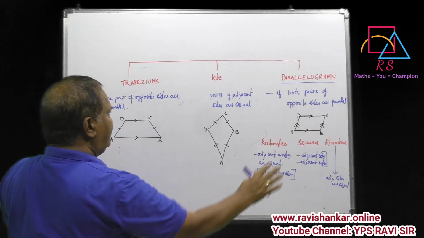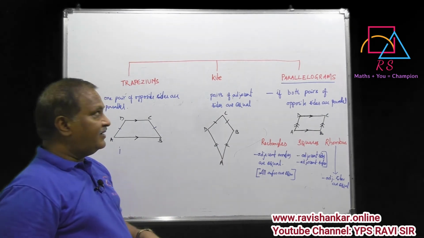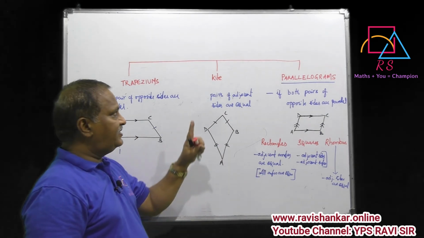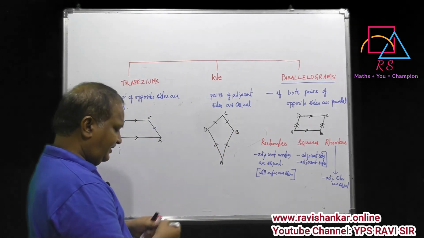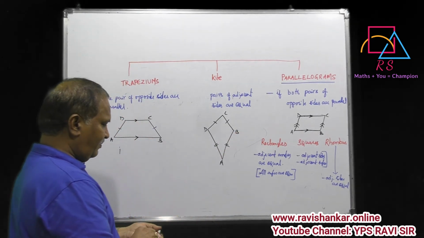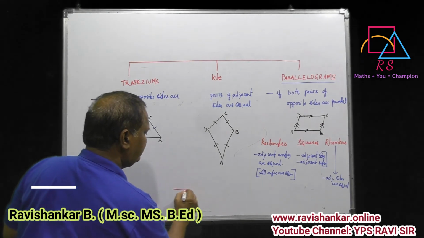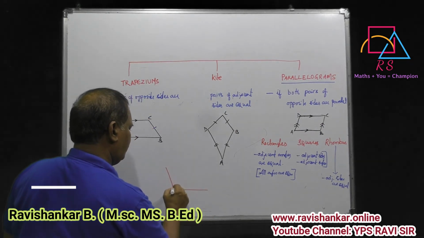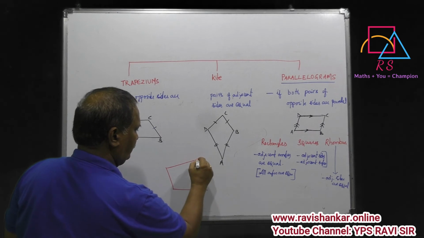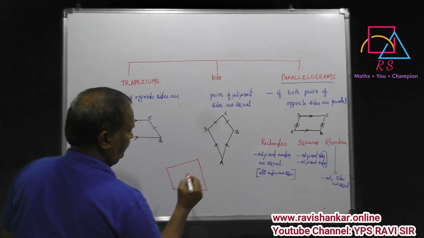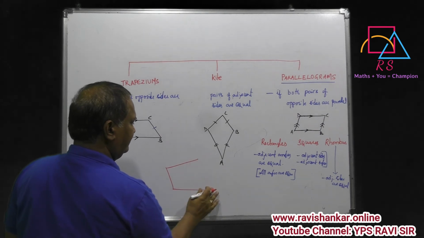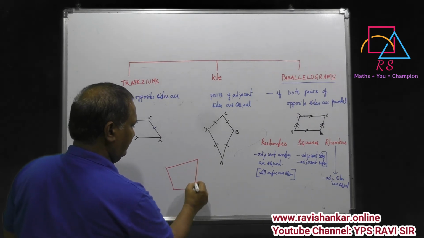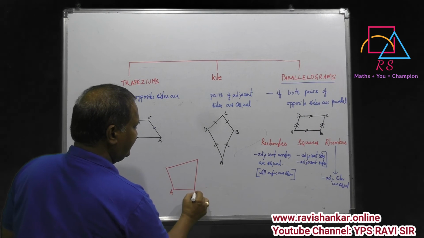Other than these, there is a quadrilateral which is not a trapezium, not a kite, and not a parallelogram. I will show you one diagram. Oh, this is looking parallel. Now just see this figure.